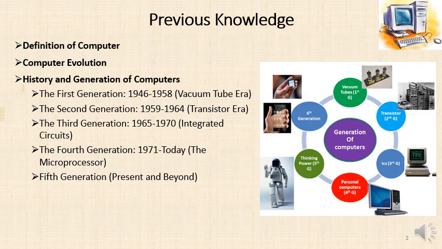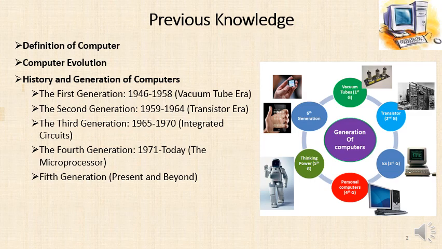In fourth generation computers, which are used nowadays, the microprocessor is used, and the fifth generation computer is the ongoing research area in the field of computer science. So presently it is also used, and further advancement is going to happen in this generation of computers.